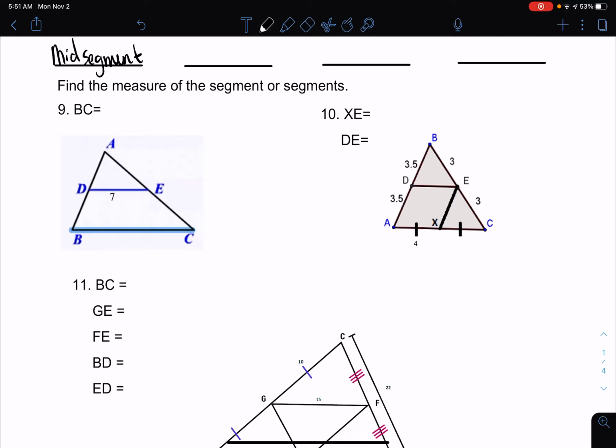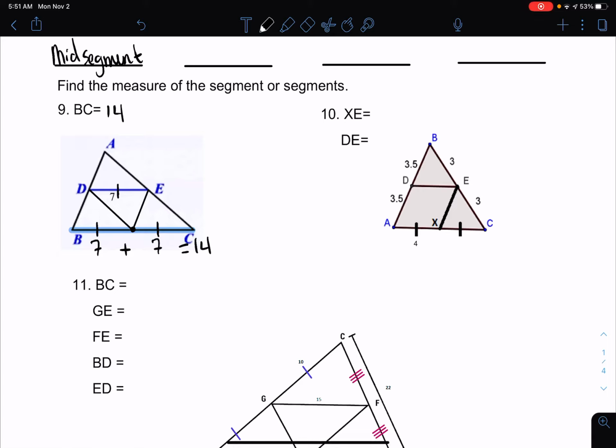So if I make another midpoint right here and connect like this, we'll be able to see that this distance here is the same as this distance and this distance. So if DE is 7, then this guy is 7, and this guy is 7. And it says, what is BC? So I need the whole distance, B to C. So I would do 7 plus 7, and that would give me a total distance of 14 on that one. So 14.